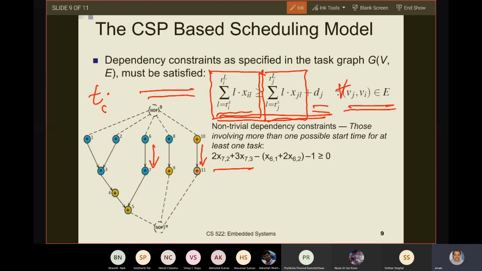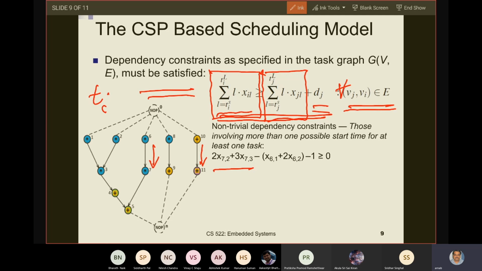What is TSi for task 7? It can start earliest at time step 2 and latest at time step 3. So TS7 is equal to 2 and TL7 equals 3. The value of l goes from 2 to 3, and the constraint on the left when broken down can be written as 2 into x72 plus 3 into x73.